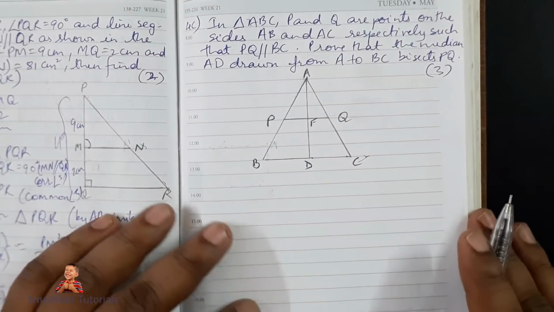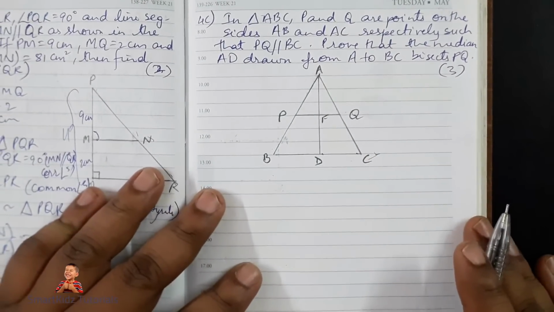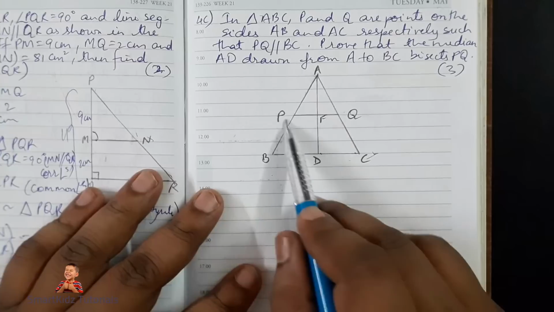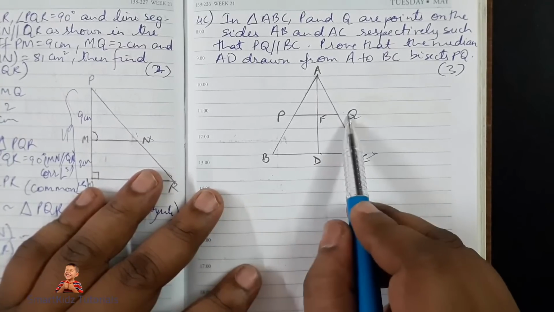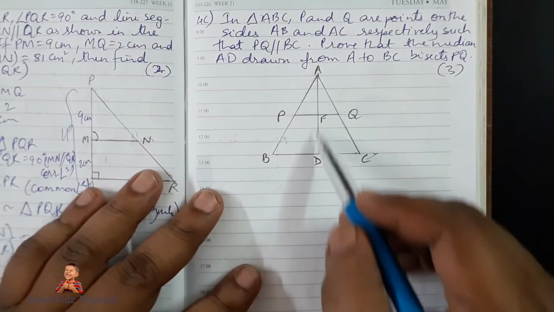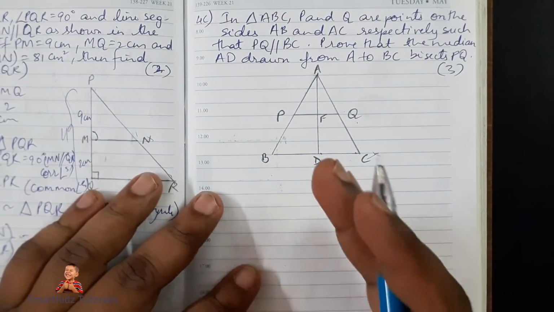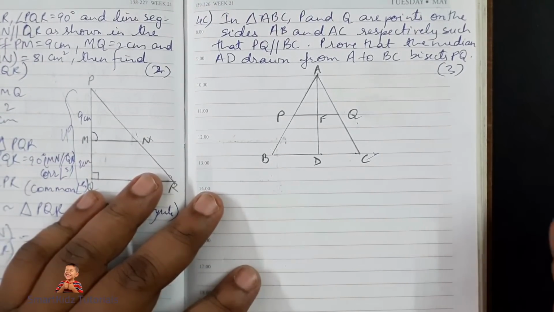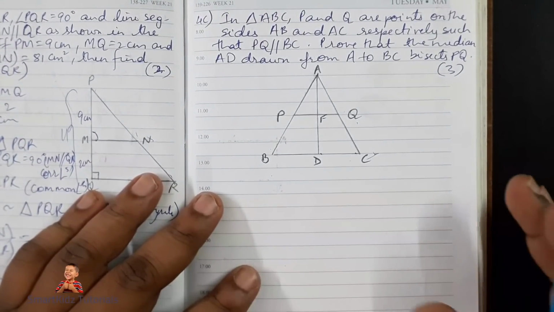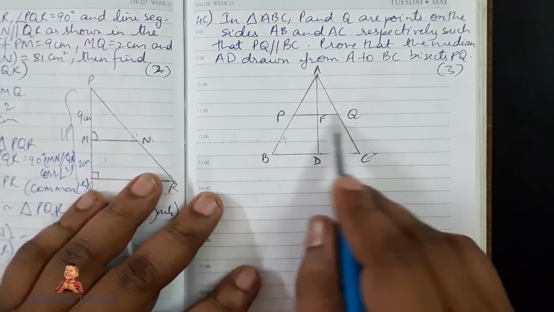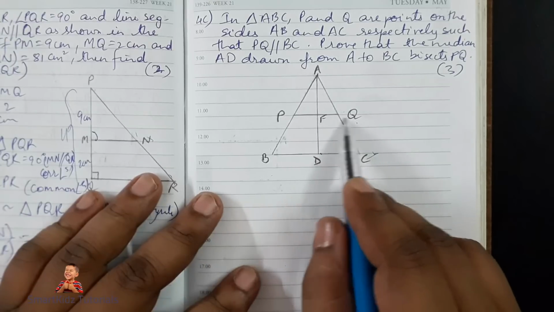We'll see how we can apply all this to get to our answer, but what we need to show is that PF is equal to FQ. If we can say PF is equal to FQ, we can say that this AD bisects PQ, and bisecting means dividing into equal parts. In this case it's dividing PQ into equal parts of PF and FQ.